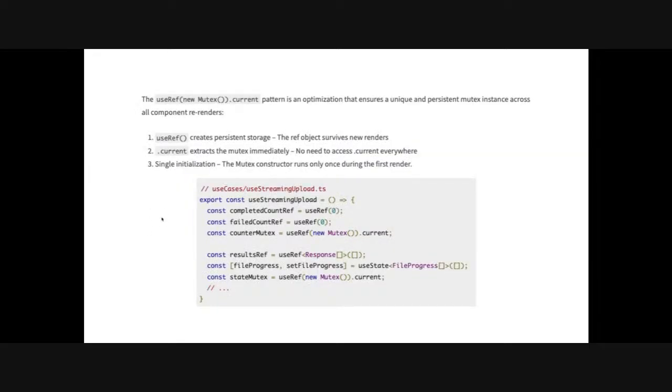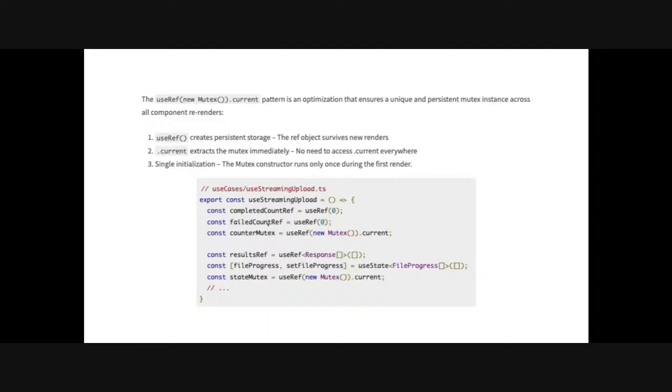So this is our code. We have another use case right now, the streaming upload. We are using a library for the mutex here because it's easier and it's just to prove a point.